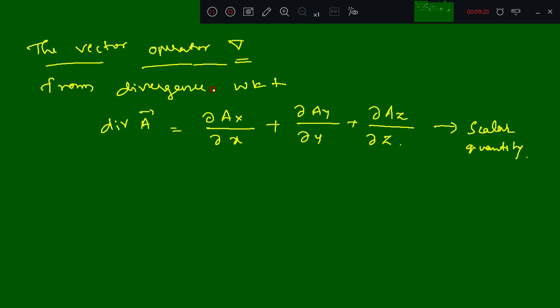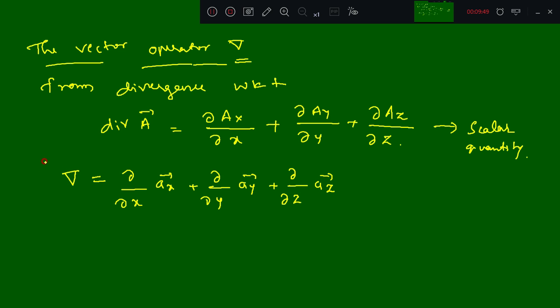This del operator we can define as dou divided by dou x into Ax. This is the vector. So dou by dou y into Ay plus dou divided by dou z into Az. So this is the vector quantity.